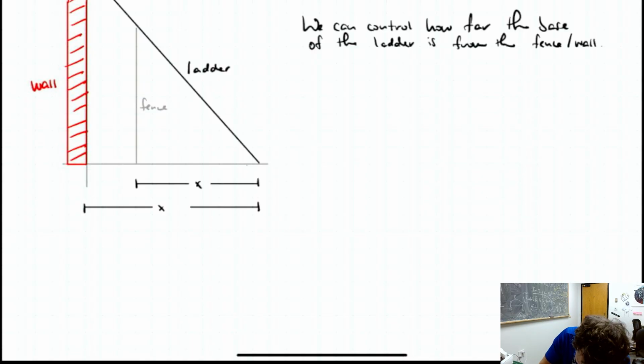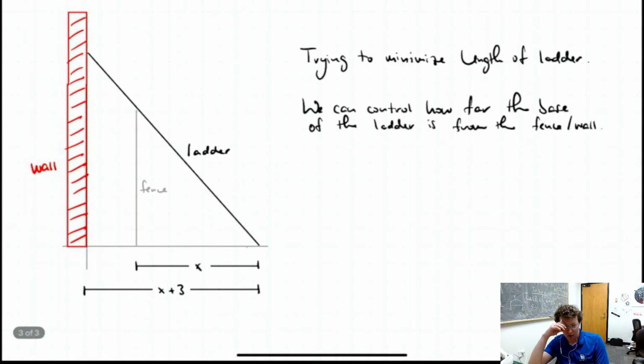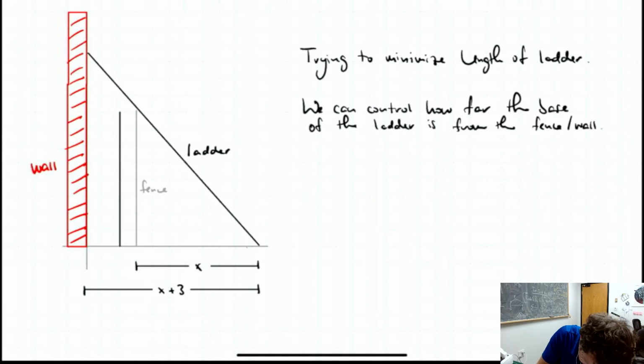So this is x plus 3. I guess I should also label the height. The height of the fence. We're told that it's going to be important.